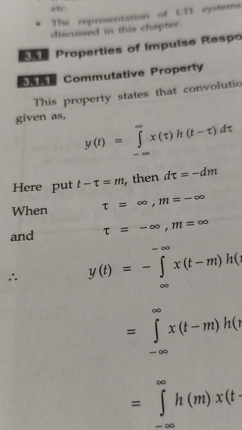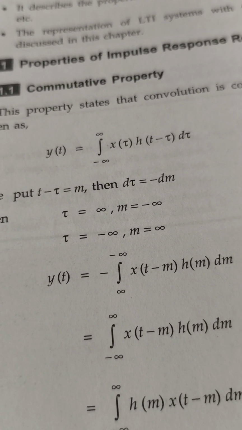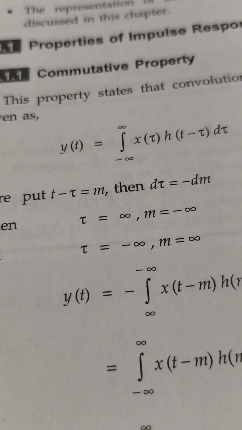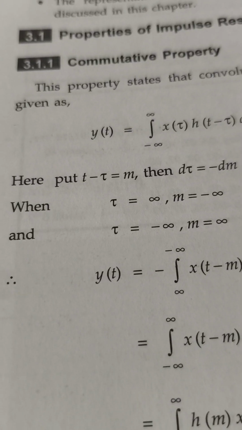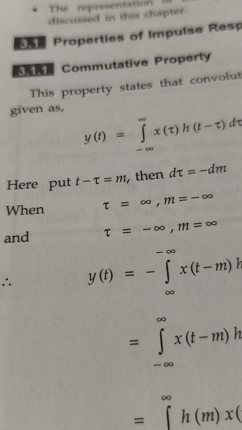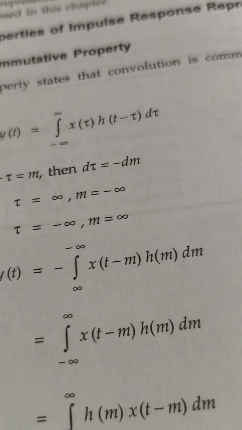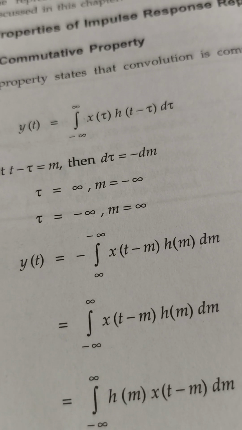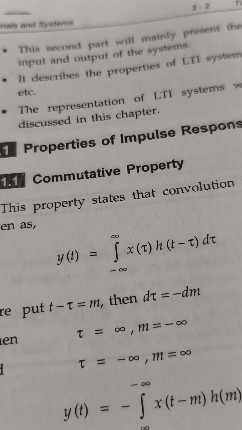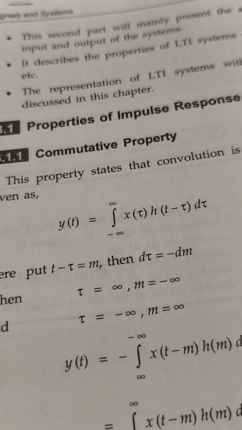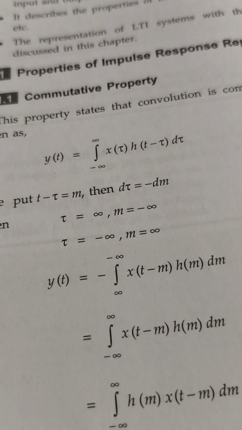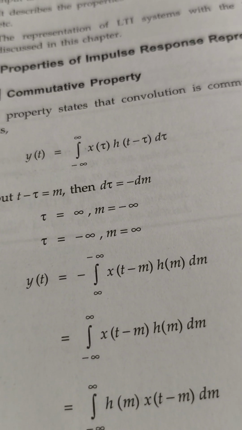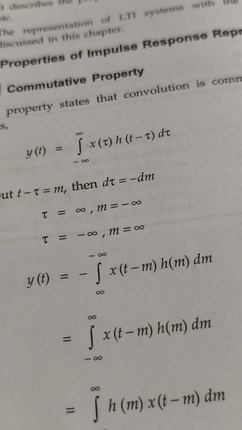Because when tau is infinity, m becomes minus infinity, and if tau is minus infinity, m becomes the opposite. So y of t equals minus the integration from plus infinity to minus infinity, whereas the original limits were minus infinity to plus infinity, of x of t minus m. Why t minus m?